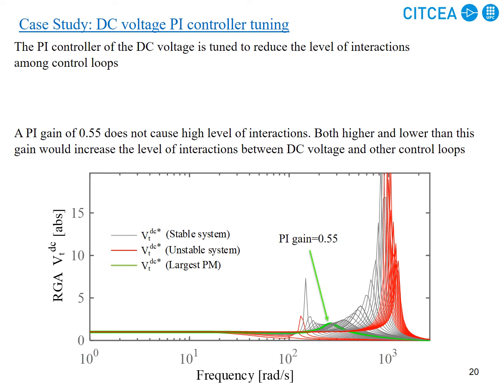A designer usually should find a compromise between settling time, overall stability, and interaction level, and go for the most optimal and most suitable for the specific system she is designing.